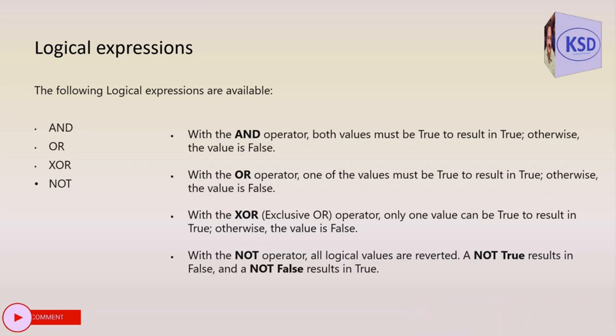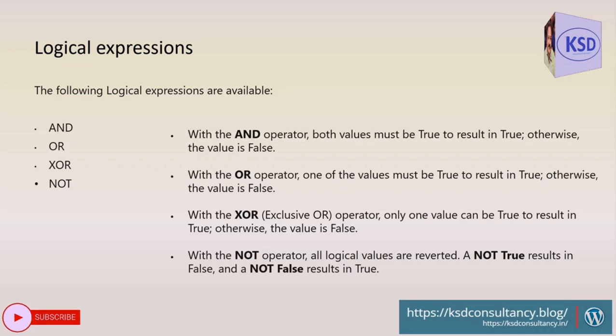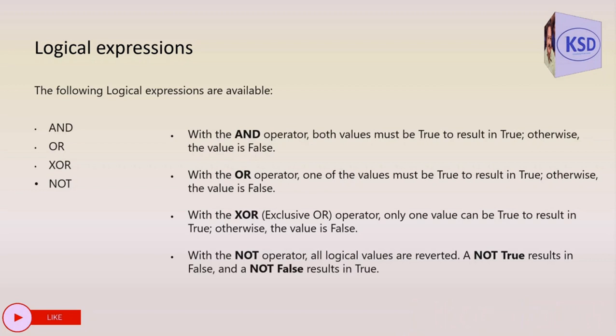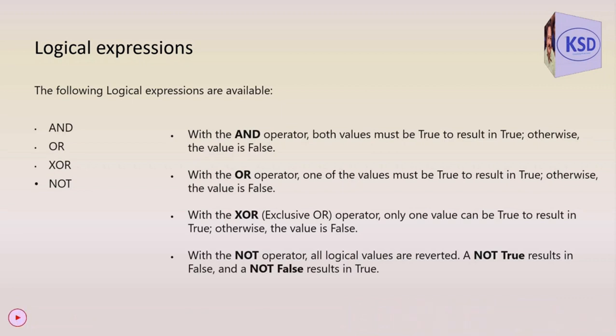Else, if A is true and B is false, it will result in false. If A is false and B is true, it will return false. If A and B both are false, then also the value is false. So I want this and this. If both are available, then we have to do something.